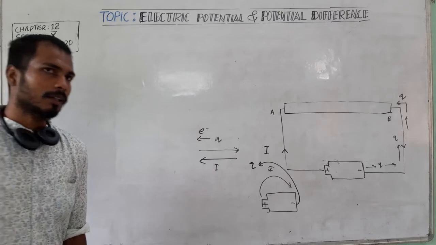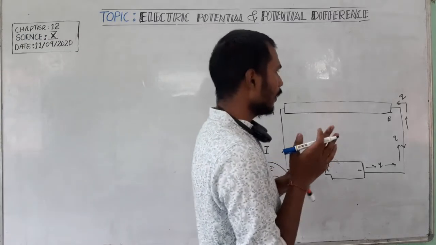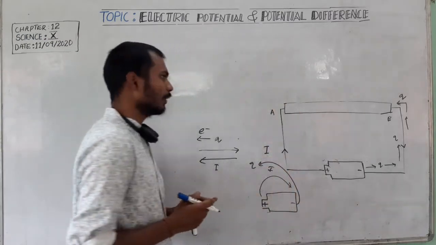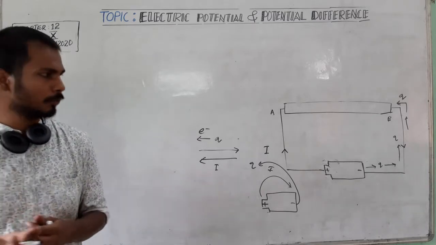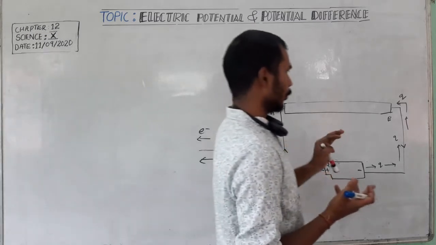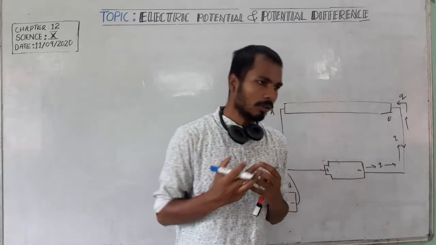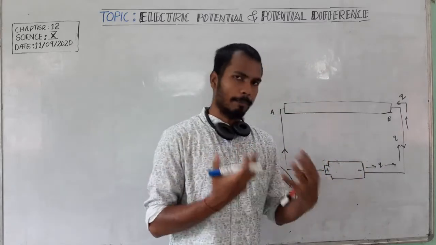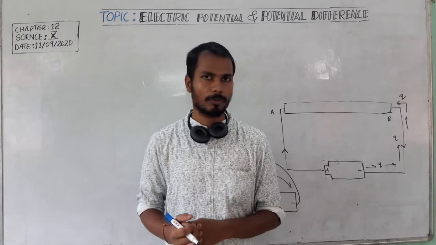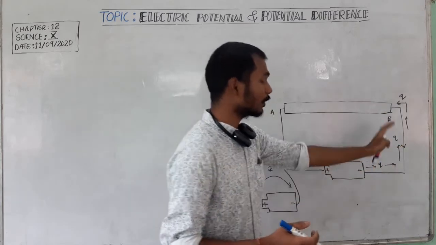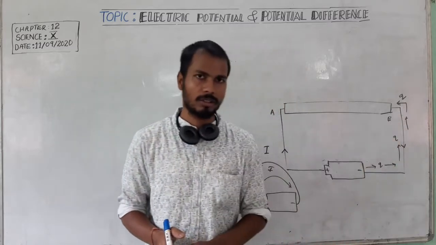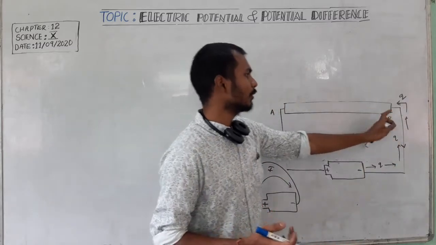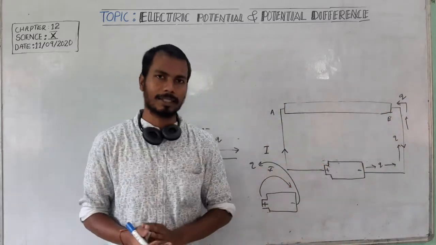Now say, if charge is moving, then there must be a force acting on the charge or compelling the charge to move. If you do not apply force to a body, then the body will not move. So in this case, charge is moving, which means a force is acting on the charge. That's why the charge is moving from this point to this point of a metallic conductor.